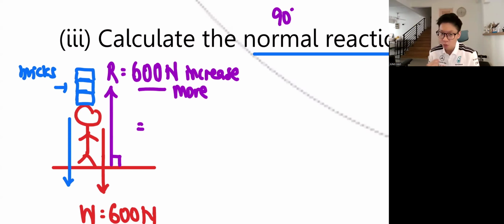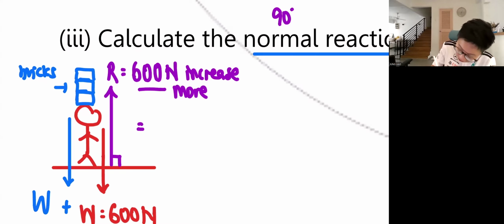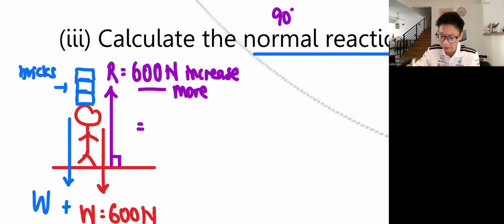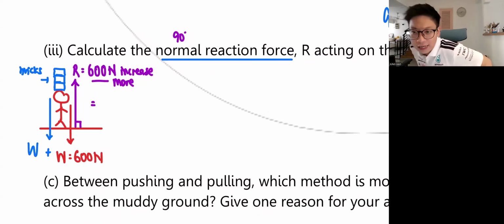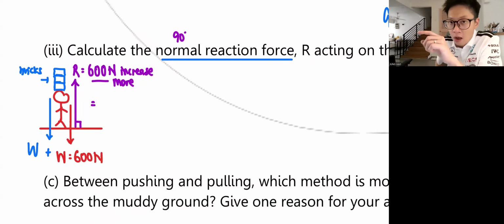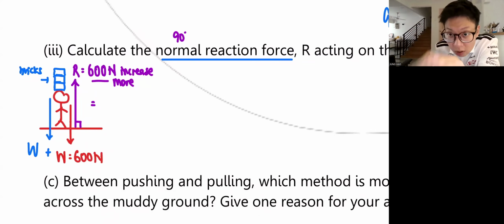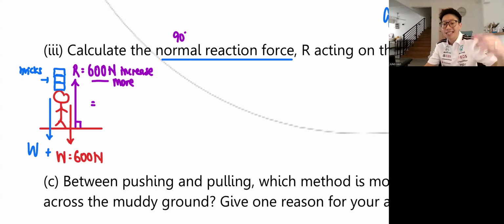So this will now increase because W needs to add the weight of the bricks as well. What I want you to get here is that if you have more force acting on the ground, you will get more reaction force.